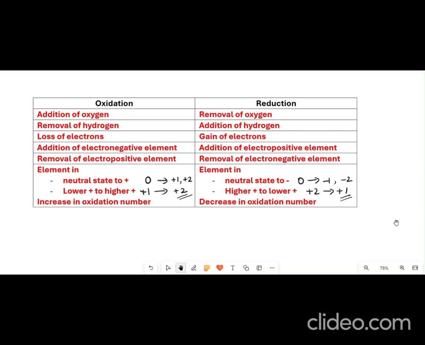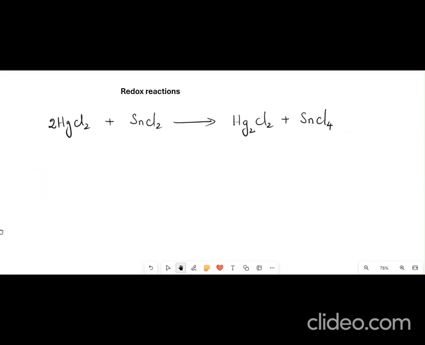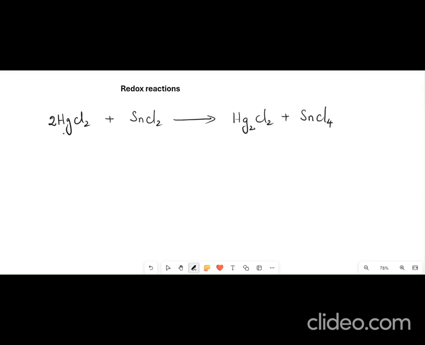Now in this reaction, have you observed that Hg is converted to Hg2Cl2? That is addition of an electropositive element, which we call reduction. Now what has happened to SnCl2?